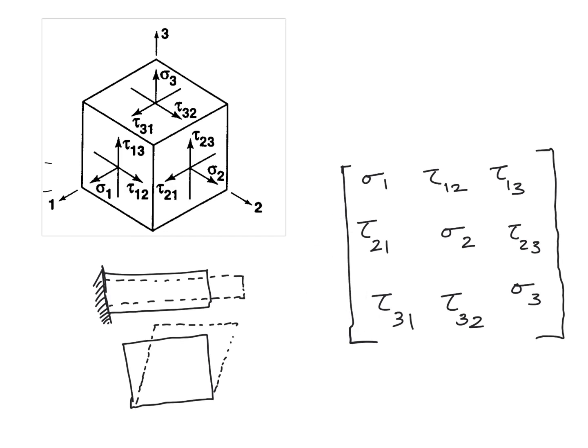We have a point in a 3D object, and we are assuming this small cube around that particular point, and the stress state at that point can be described with the help of the stress tensor.